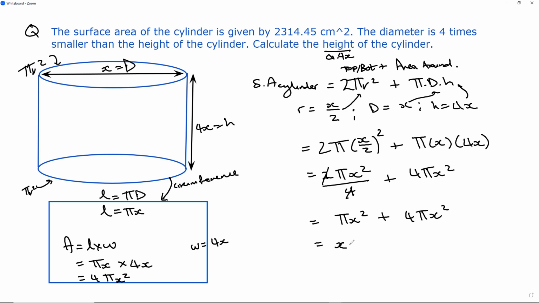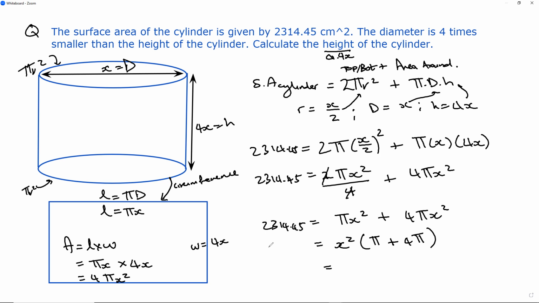And I can now factorize the x squared and be left with pi plus 4 pi, which is 5 pi. All of this is equal to the surface area of the cylinder, and the surface area was given to us at the start, which is 2314.45. So we want to keep that going all the way through.